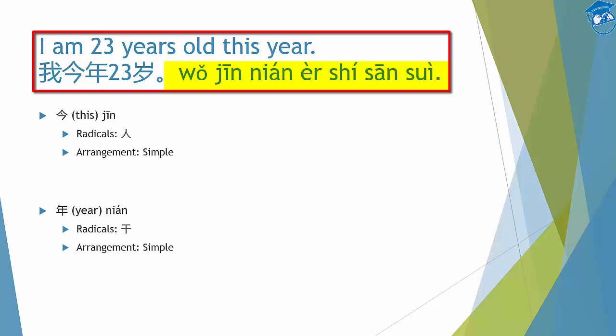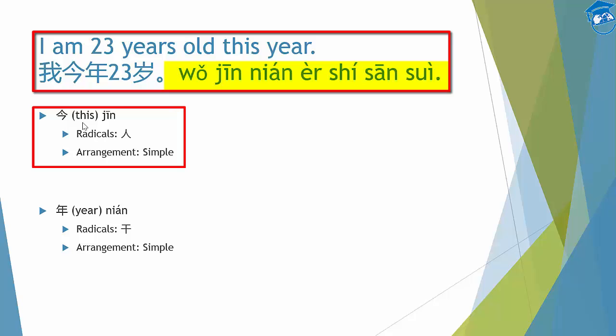There are 3 new words here, so I'm going to do it slowly. 今 is this. It is only used for year and day. It doesn't apply to others, but only for time, specifically year and day.